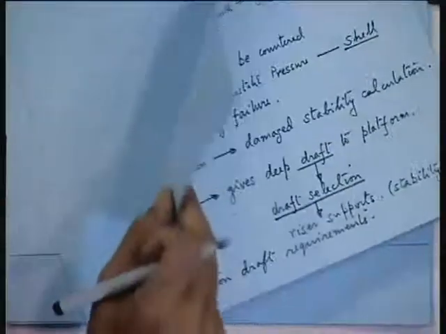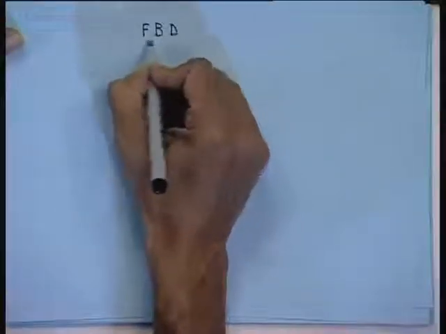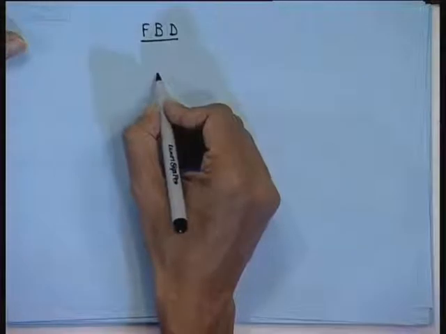Now, here you will find the installation, the reason why you have given the soft tank. Here actually, if you take the free body diagram, your free body diagram, this is FBD, will look like this.